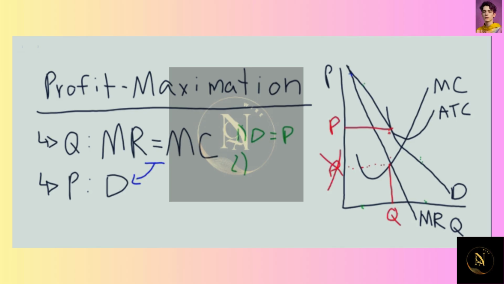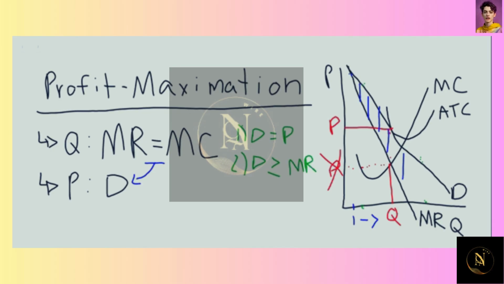So for this first quantity right here, quantity equaling 1, demand and MR will intersect. They'll actually be the exact same point. But then as we increase our quantity, our demand curve is bigger than our MR curve. See these gaps here? So that's something important to take note of. So a key takeaway we can get from that is that our demand curve is always going to be greater than or equal to our MR curve, because of that quantity equals 1 case.